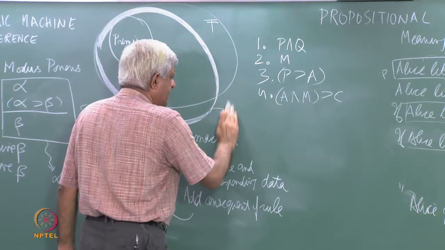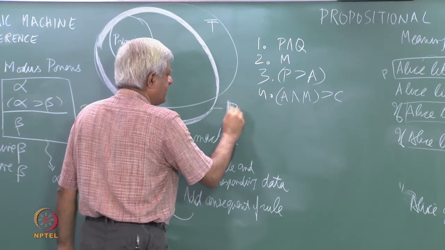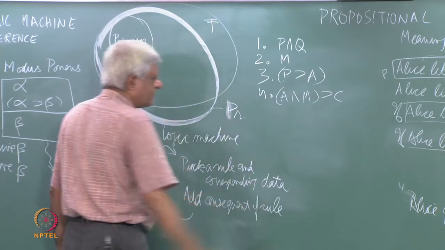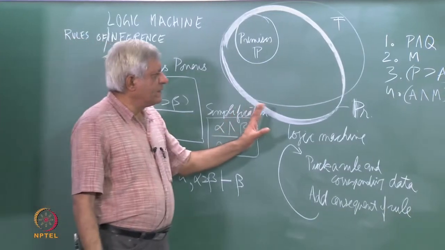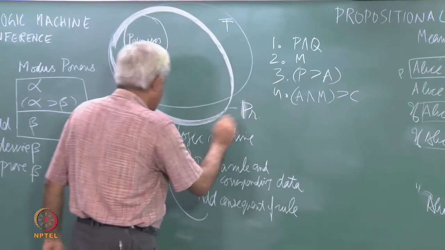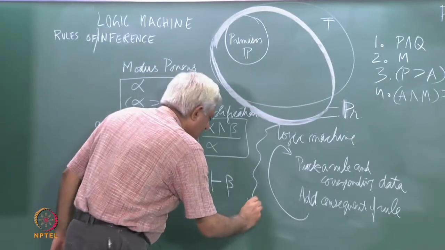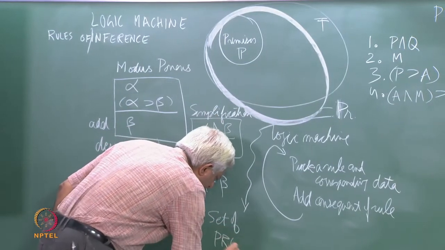Let me see, because I have used the symbol P earlier. Let us say this is PR or something, some symbol. This is a set of, I should write it here, set of provable formulas.